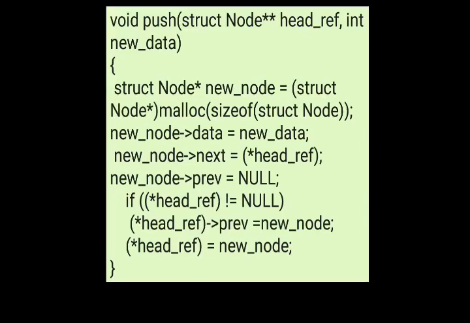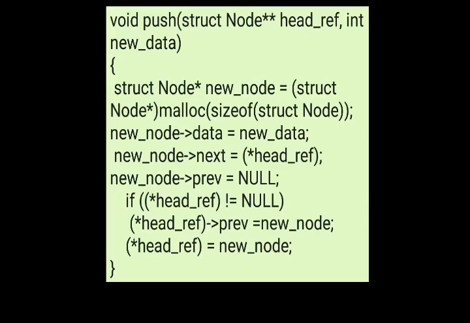Then the next line: check if the head pointer is pointing to null or not. For sure it will hold some node's address, so it cannot be null. Then make the head pointer's previous the new node, that is A's previous is E. So a link is established from A to E now.